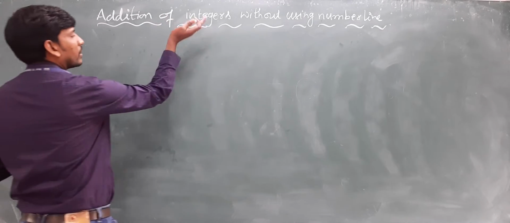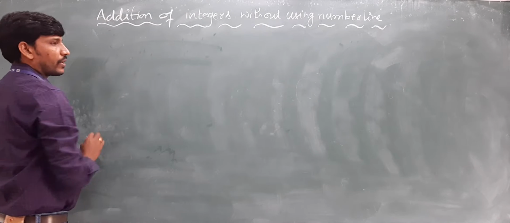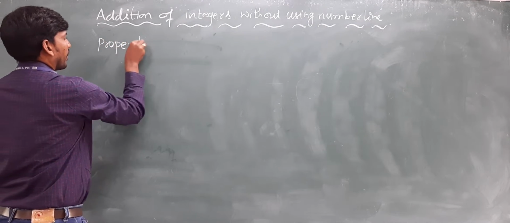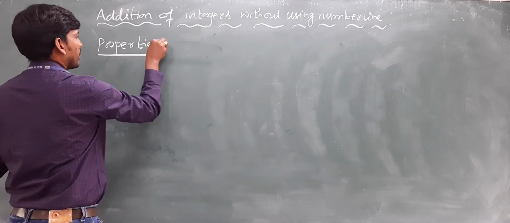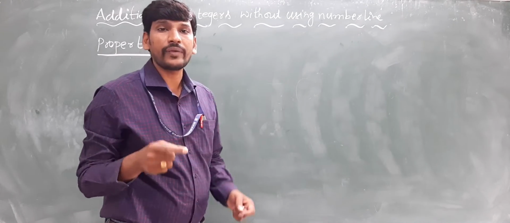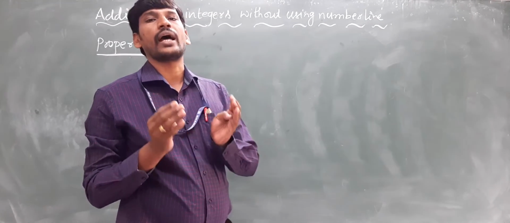Before going to solve this type of examples, there are two properties. What are the properties? The first one is: if the given integers are having the same sign, then you will add.